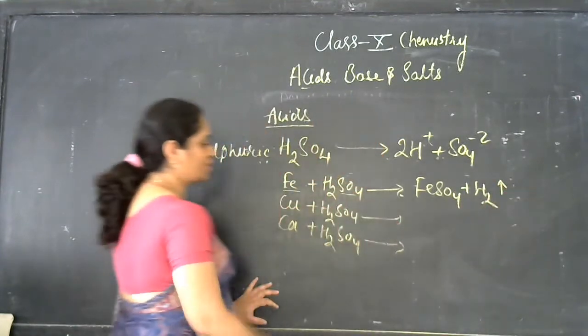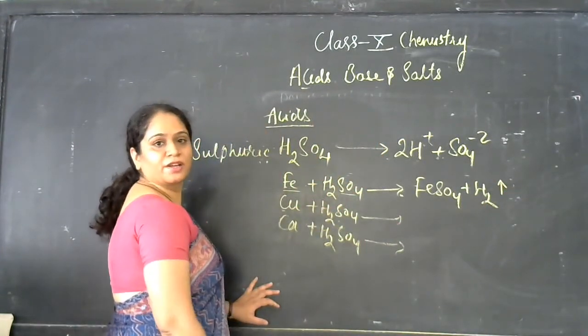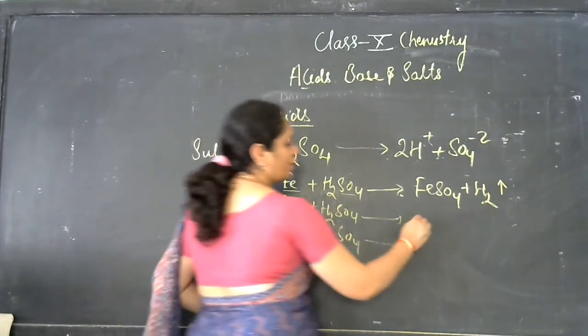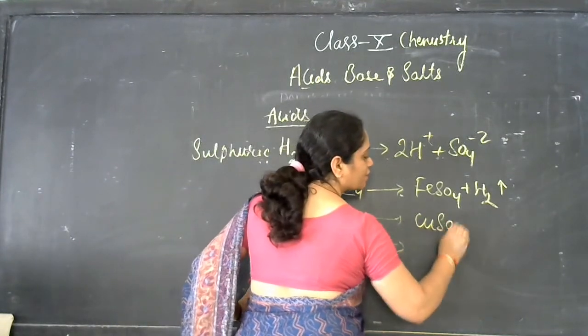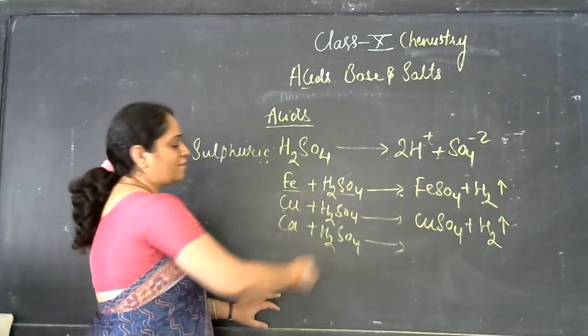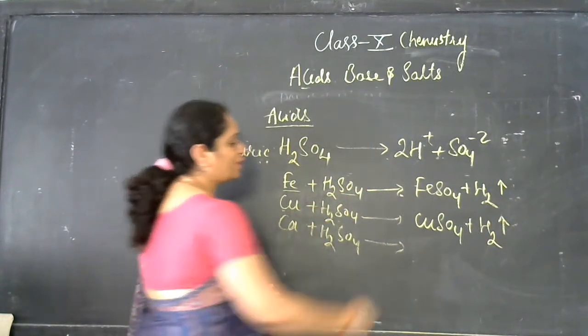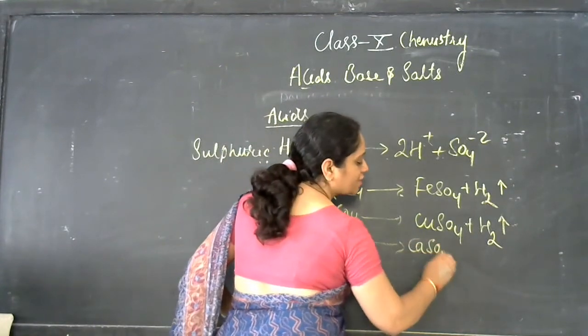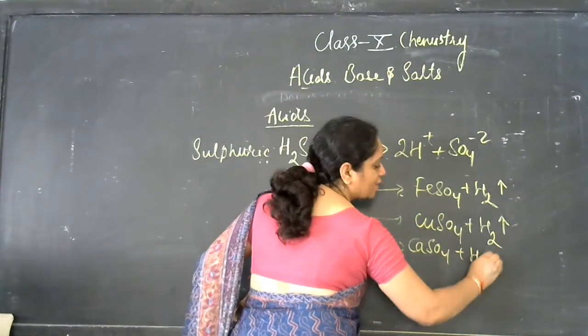Similarly, when I react it with copper, it gets converted into copper sulfate and hydrogen gas is released. Similarly, with calcium, it gets converted into calcium sulfate and hydrogen gas is released.